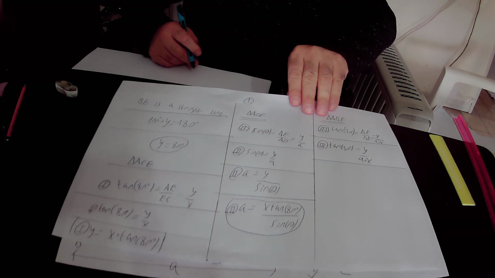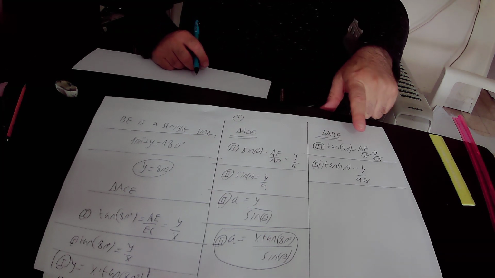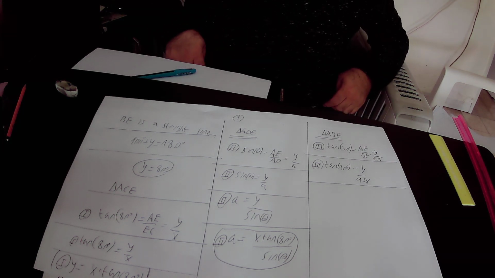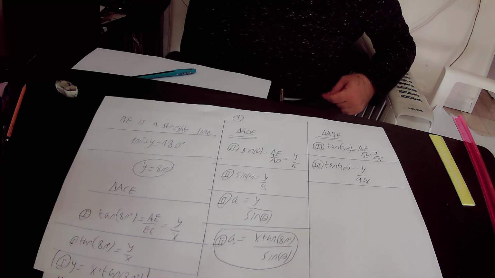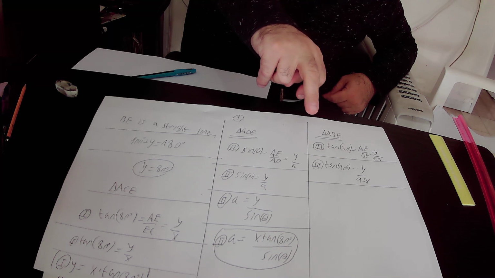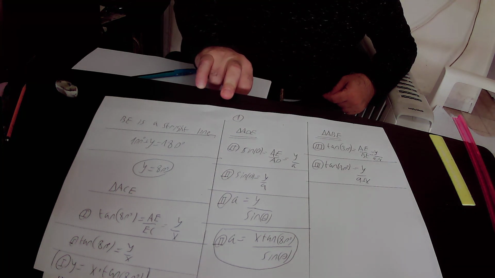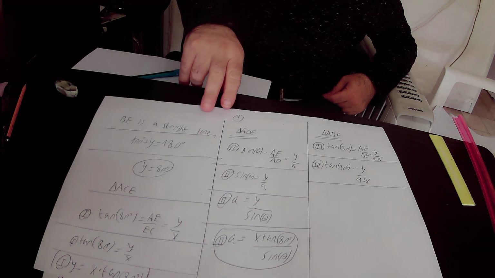Again, according to equation number 3, tangent 30 degrees equals y over a plus x. So here we will substitute y and a in equation number 3 by the values for y and a that we found in equation number 1 and equation number 2.